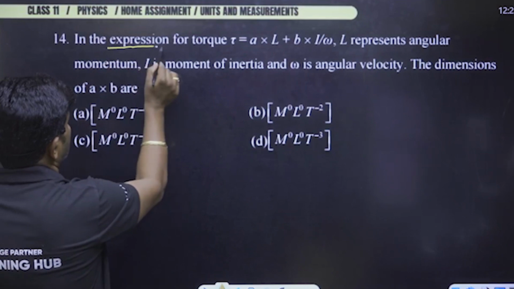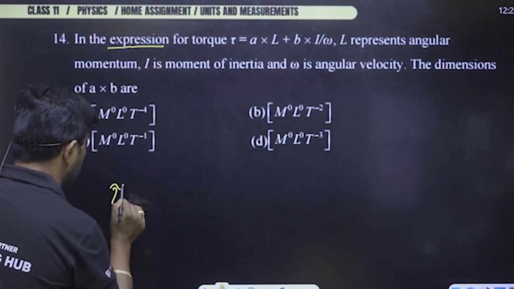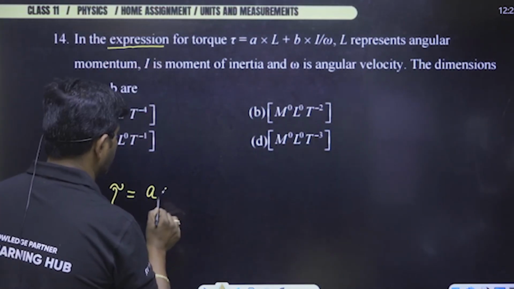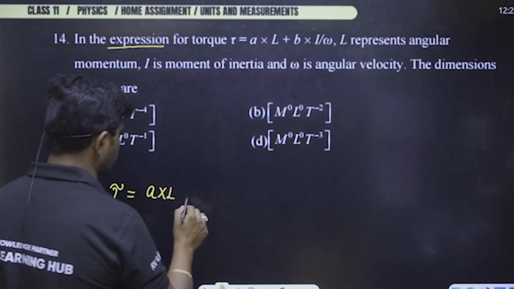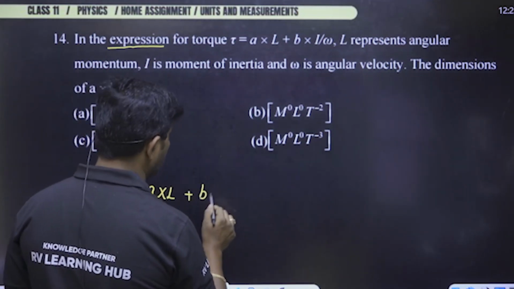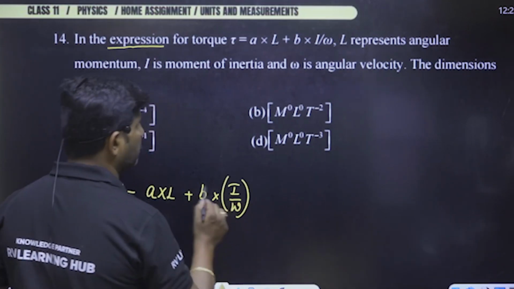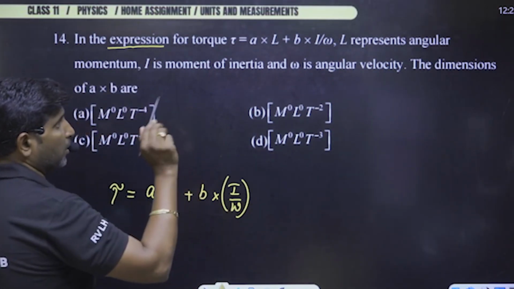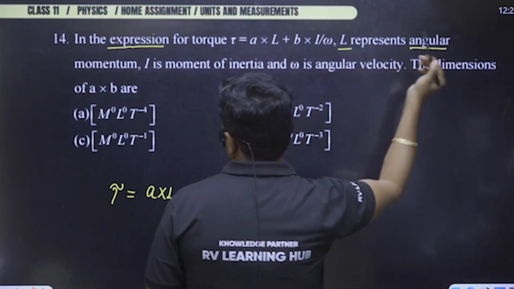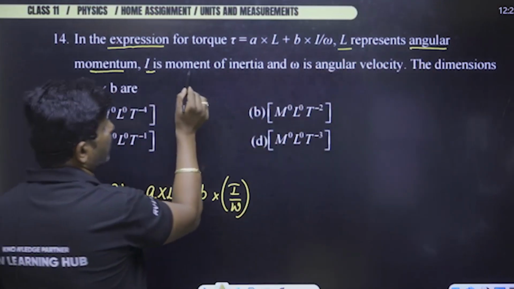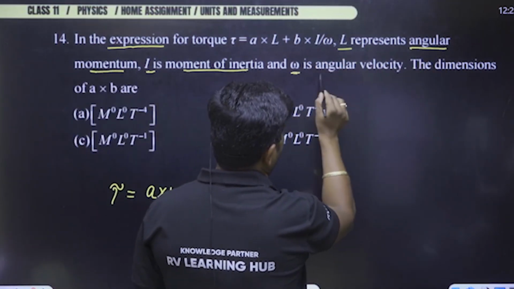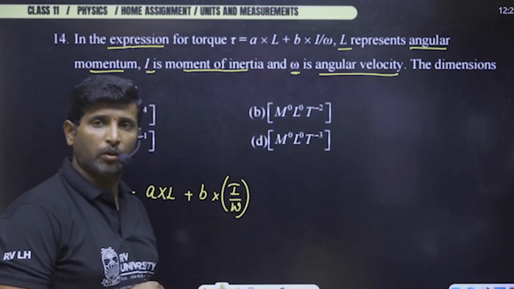In the expression torque is equal to A into L plus B into I by omega, L represents angular momentum, I represents moment of inertia, and omega represents angular velocity.